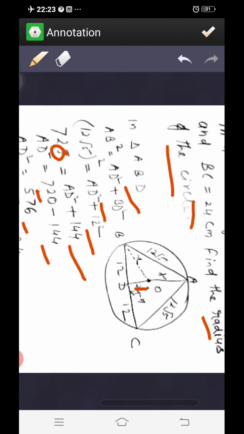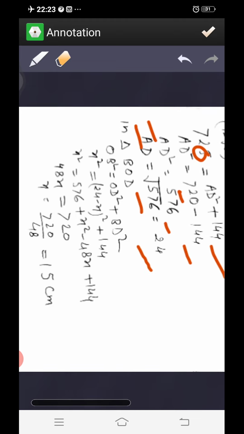So OD is left now, 24 minus x. Now we will take triangle OBD. OB square equal to OD square plus BD square. So x square equal to 24 minus x whole square plus 144.